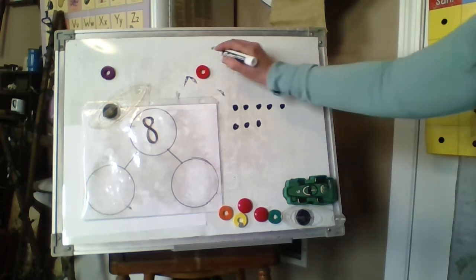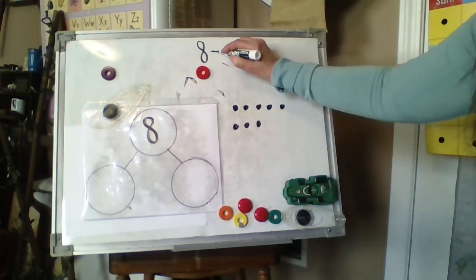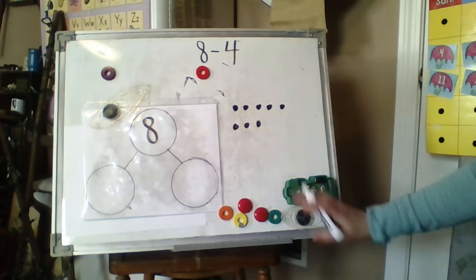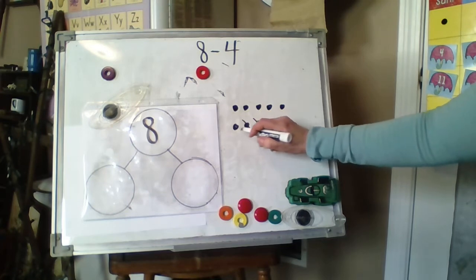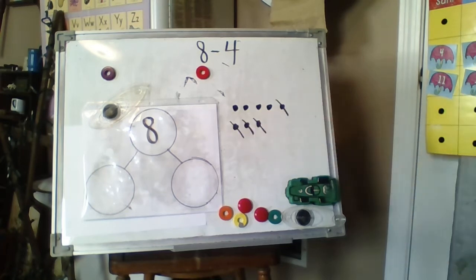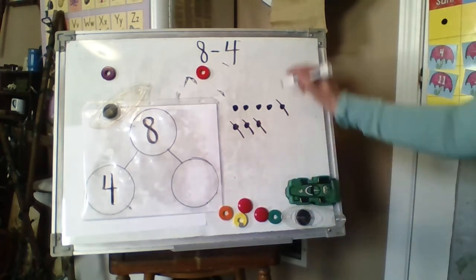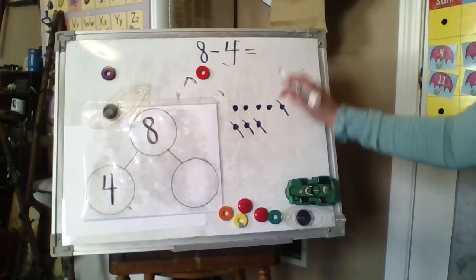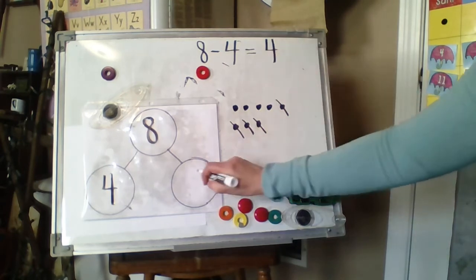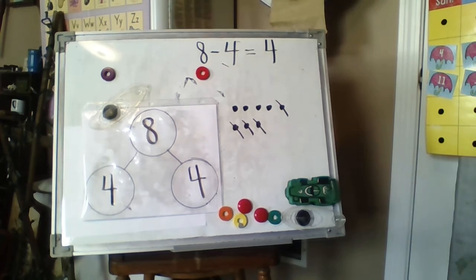Let's say that we're going to have 8, which we do, and we're going to take away 4. We don't have a whole row of 4, but you know what? I'm going to take away 1, 2, 3, 4. Take away 4. And what will that leave you? It equals 4. You're right. And 4 will go here. You can do it that way.